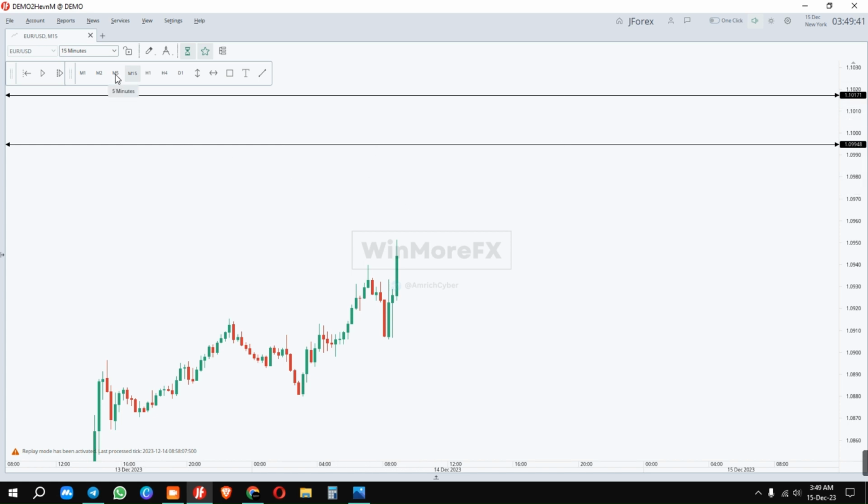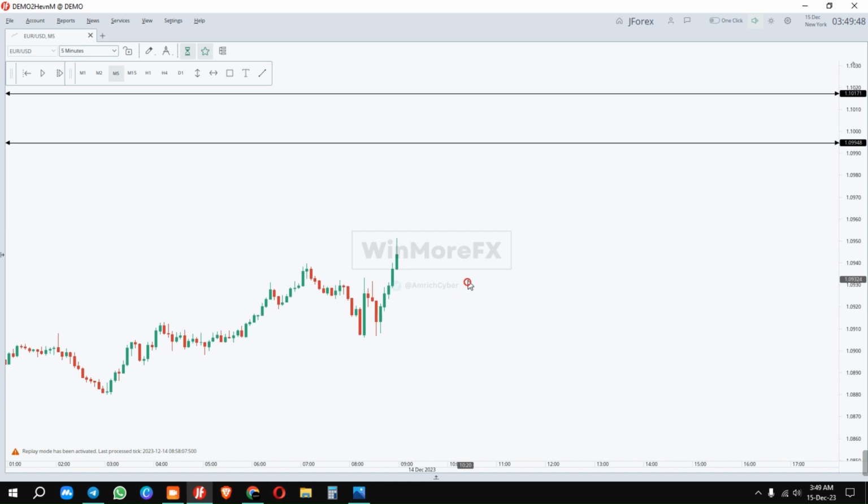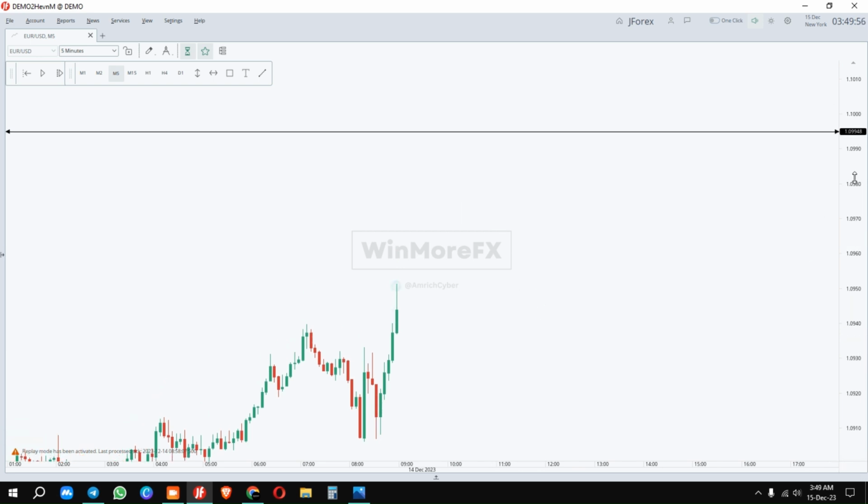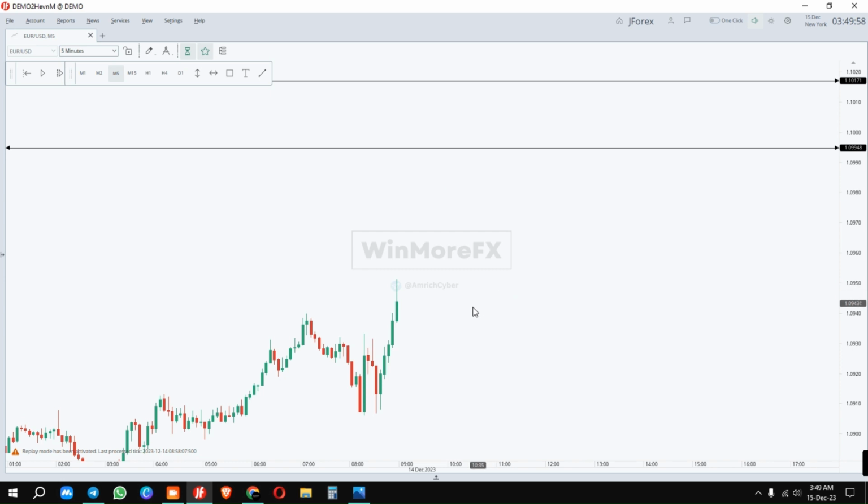First, you can find entry on the 5 minutes, 2 minutes, and the 1 minute. So we are going to switch to the 5 minutes first. So the rule says always place your buy limit or sell limit just around a bullish order block, breaker block, or mitigation block.